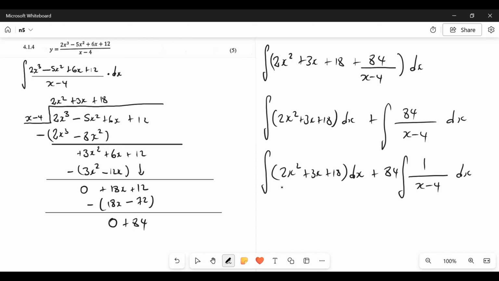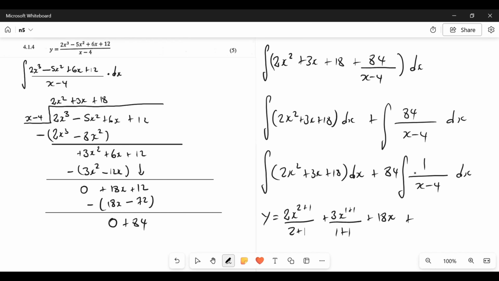So the integral of the first one here is going to be 2x to the power of 2 plus 1 divided by 2 plus 1. There we go. Plus we have 3x to the power of 1 plus 1 divided by 1 plus 1. And then we have plus 18x. Guys, when it's a constant and we are integrating, we just multiply by the variable we are integrating with respect to.